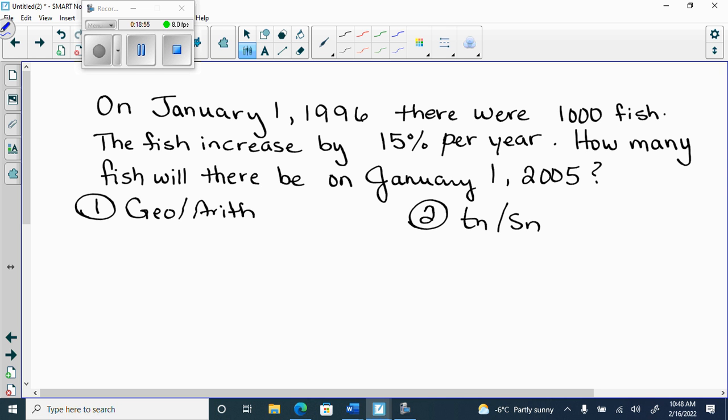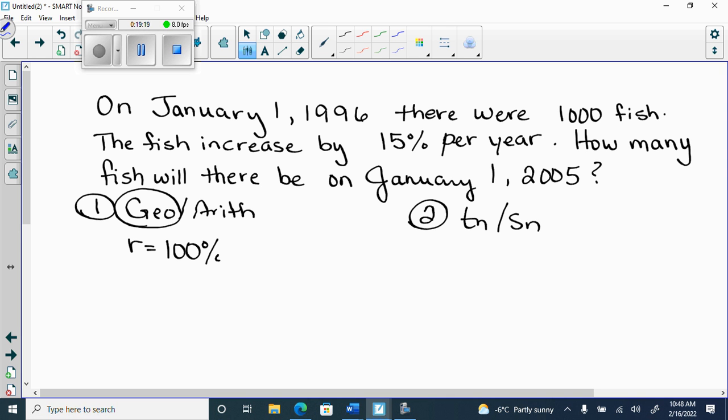Okay? When there's percent in the question, what is it? Geometric, every single time. When there's the percent, it's increasing by 15% per year, it's geometric. Because we're going to do R equals, and what do we always start with? How much percent? 100%, yep.